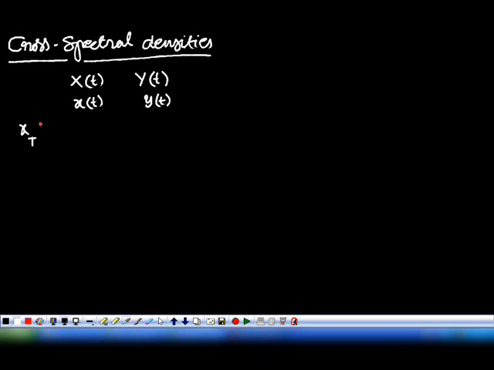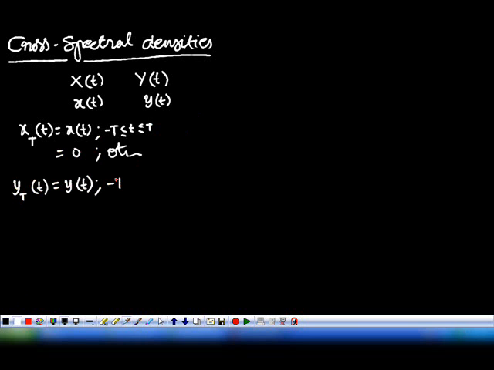Let xT of t be equivalent to x of t over minus T/2 to plus T/2, 0 otherwise. Similarly, let yT of t be equivalent to y of t over minus T to T, 0 otherwise.